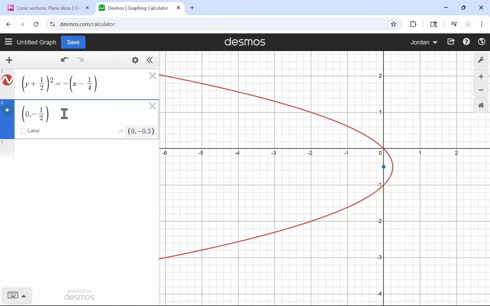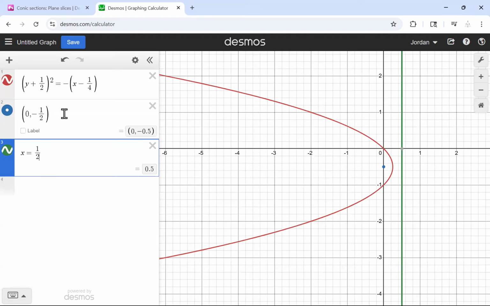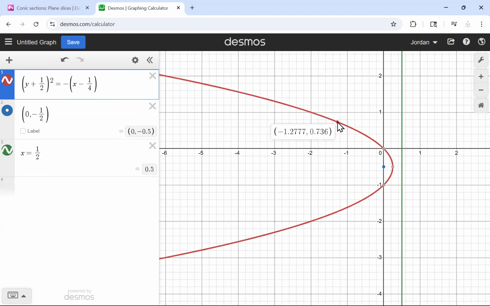And then the directrix is the line x equals positive 1/2. That's this line here. And every point on this parabola is equidistant to the focus and the directrix.